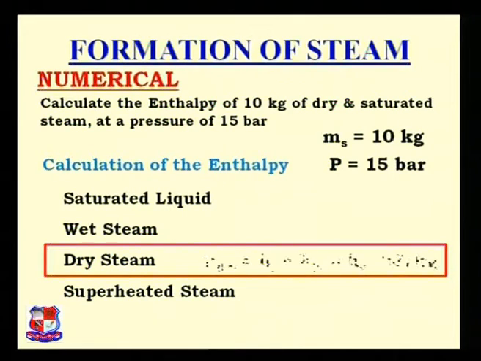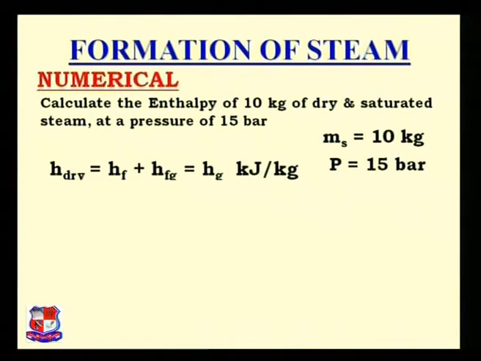For dry and saturated steam, H dry is equal to hf plus hfg, that is equal to hg. Using this equation we can calculate the specific enthalpy of dry steam. Now in this equation we require the values of hf and hfg, or we require the value of hg.